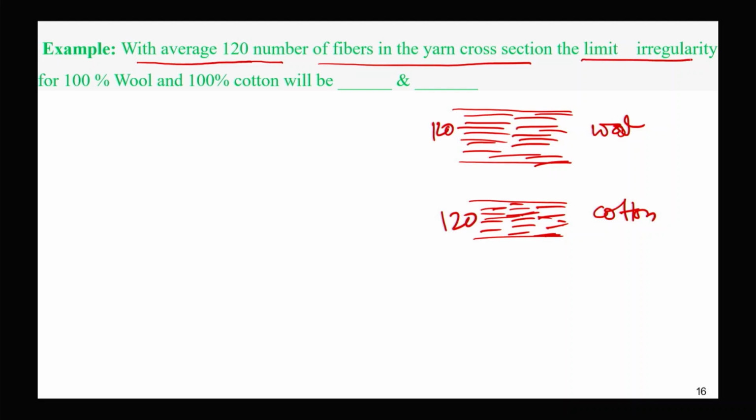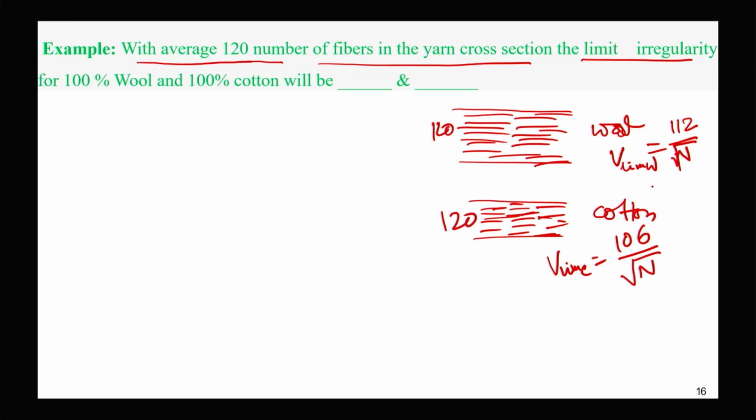So we know the relationship for wool: limit irregularity is 112 by under root n, where n is the number of fibers. For cotton it is 106 by under root n.